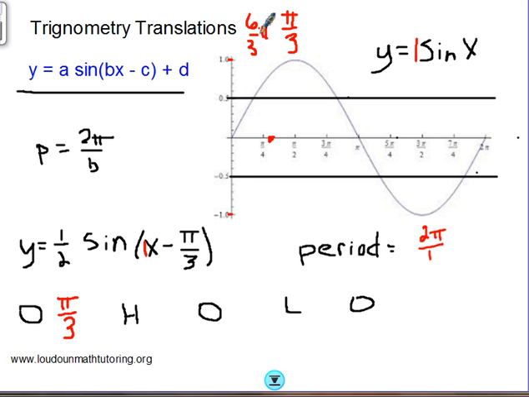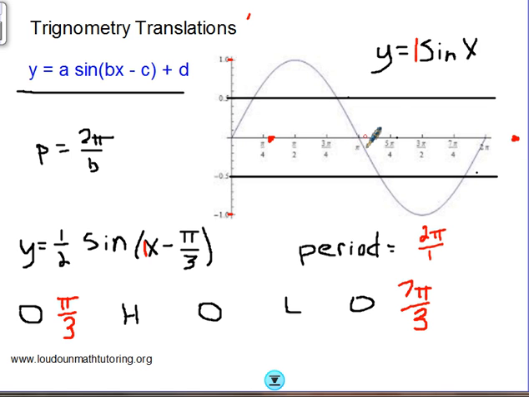So 6 pi over 3 plus pi over 3, we now get 7 pi over 3. So all we've done is start at 2 pi, but we have shifted our sine function to the right, pi over 3. Okay, so 7 pi over 3, let's call that here. So the new sine function is going to start here and end here.